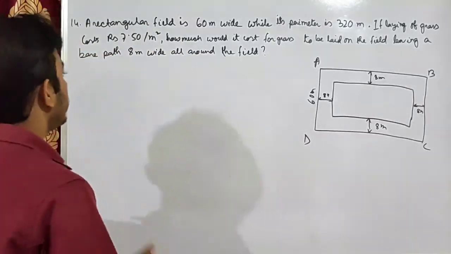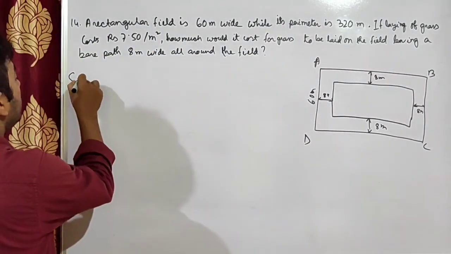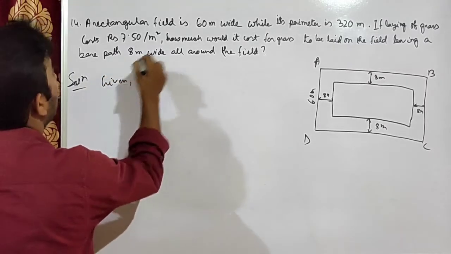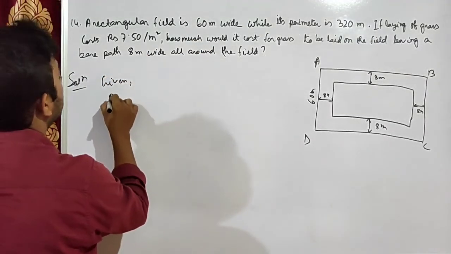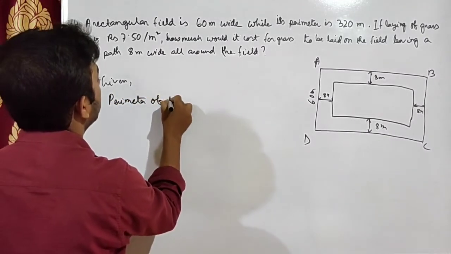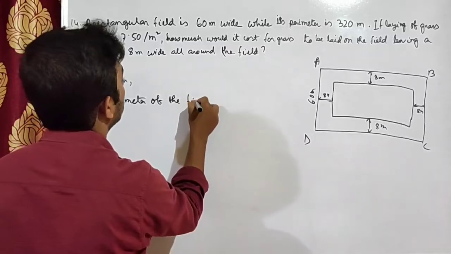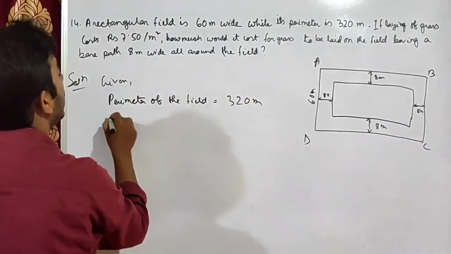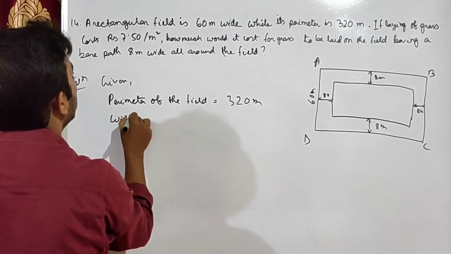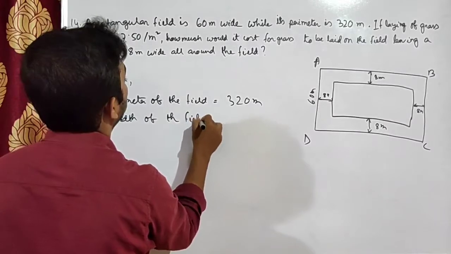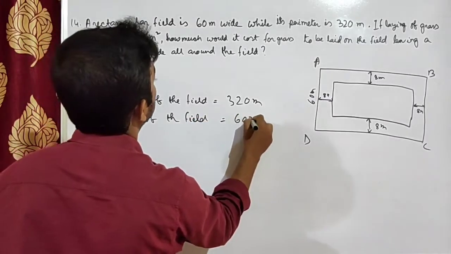So now let us start. Solution: given, the perimeter of the field equals 320 meter, and the width of the field equals 60 meter.